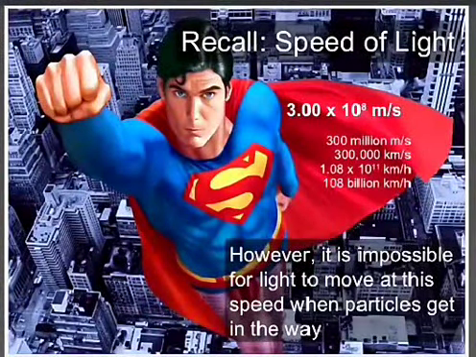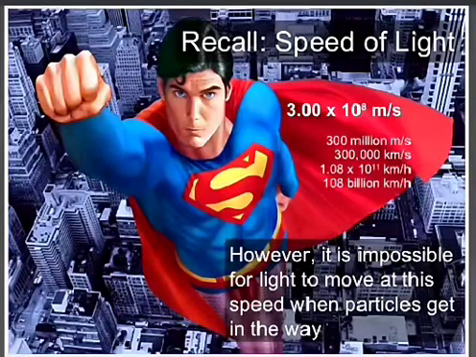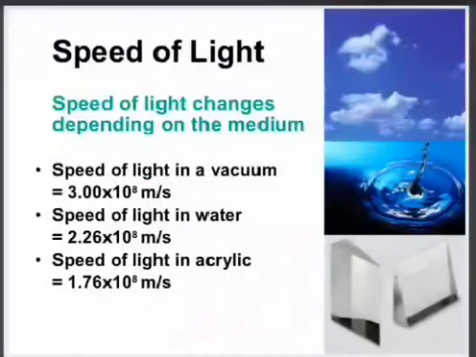You know what the speed of light is? Speed of light is 3 × 10⁸ meter per second. It is impossible for any particle to move with the speed of light. But the speed of light that was in air or vacuum, when it enters water or any other transparent medium, the speed changes.